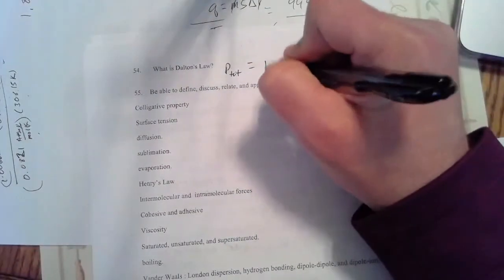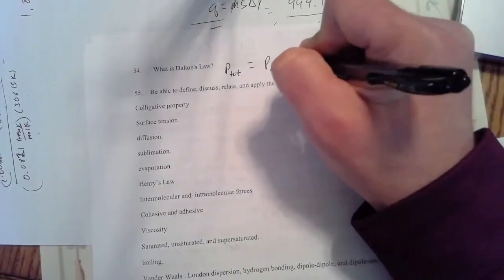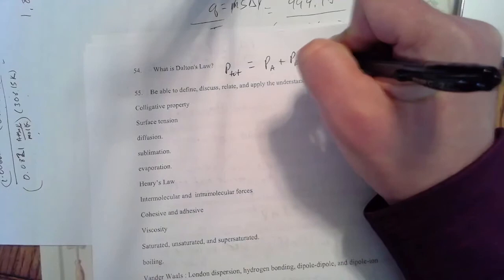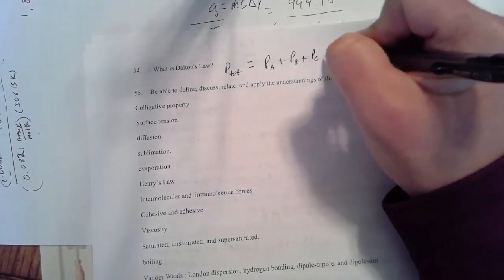What is Dalton's law? Dalton's law of partial pressures states that the P total equals the P of A plus the P of B plus the P of C, and so on and so forth. So basically, if we want the total pressure in the system, we add up all the individual pressures of each gas.